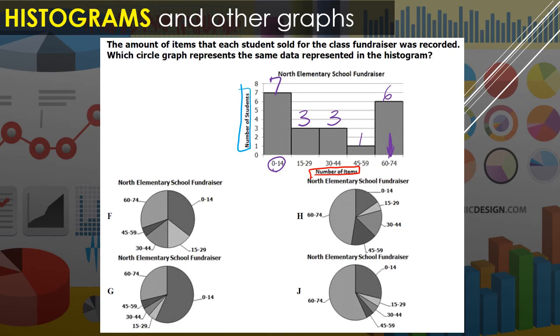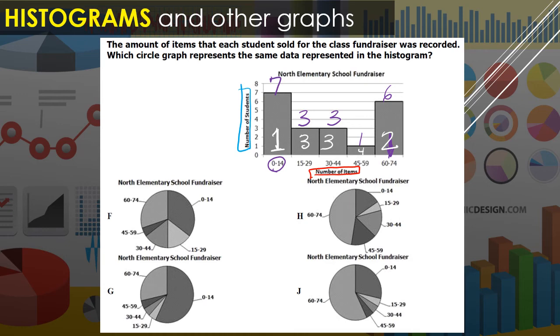So we can say that 0 to 14 should be the biggest piece. So I'm going to put number 1 right there. Our second biggest piece should be 60 to 74. And then we have a tie for third for 15 to 29 and 30 through 44. And our smallest piece should be 45 to 59.